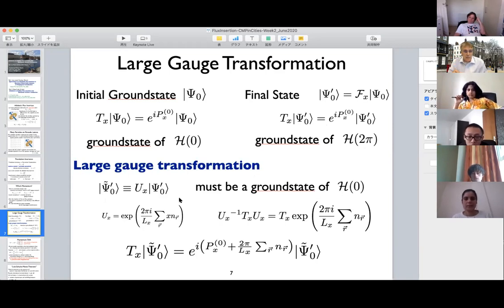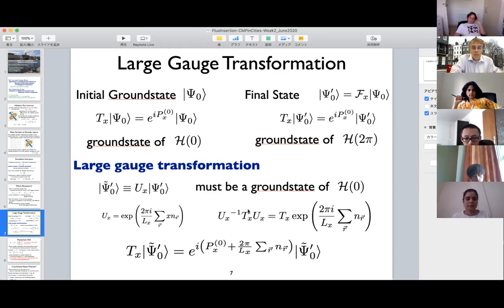But now, because of this large gauge transformation, the momentum eigenvalue of this state can be different from the original. And that can be easily computed using this commutation relation between the large gauge transformation and the translation operator, because the large gauge transformation is given by this, the x coordinate times the particle number operator. So if you have U inverse U, they cancel.